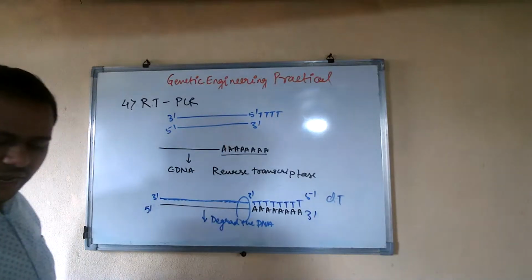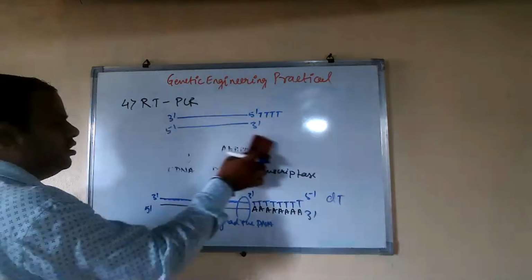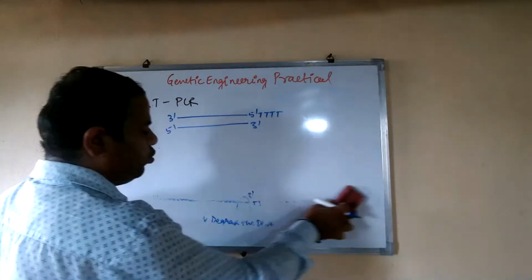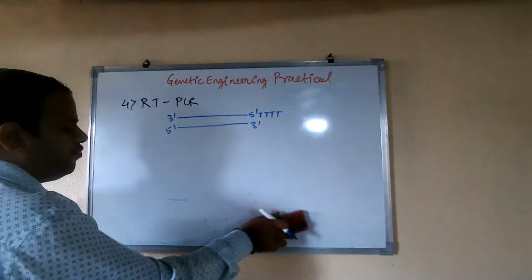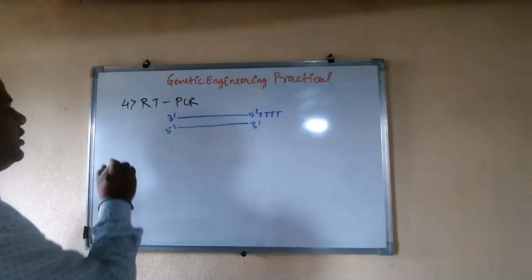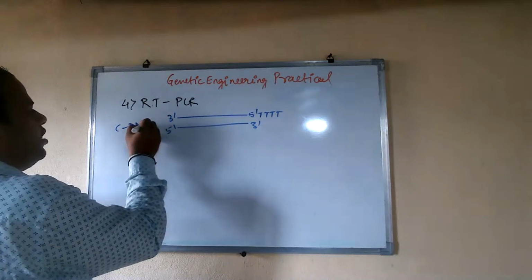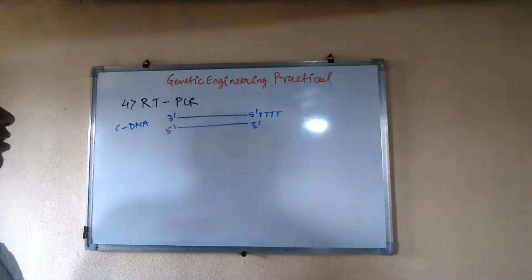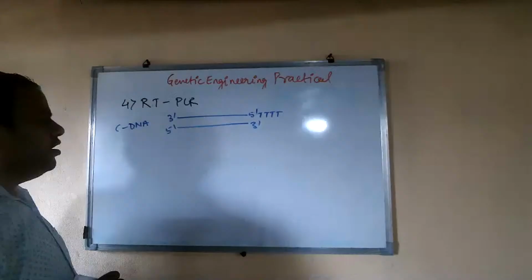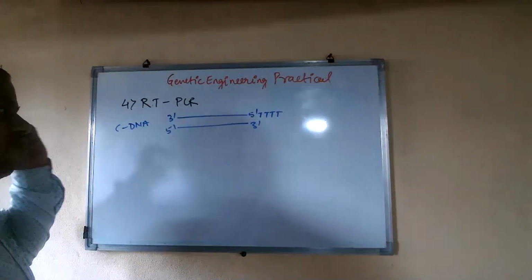Now this regular DNA is used for amplification in PCR. Okay, so there are two steps in RT-PCR. The first step is the formation of cDNA, that is complementary DNA, from the viral RNA using the reverse transcriptase enzyme, and then formation of double-stranded normal DNA, that is used for amplification purpose.